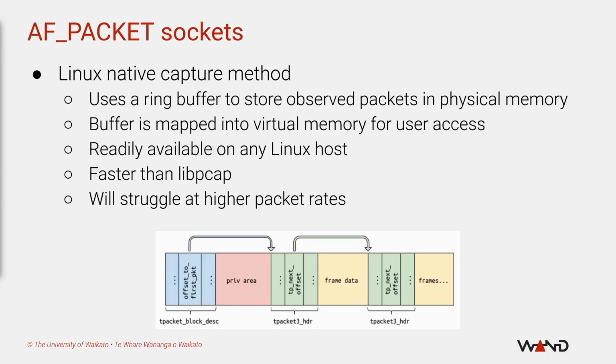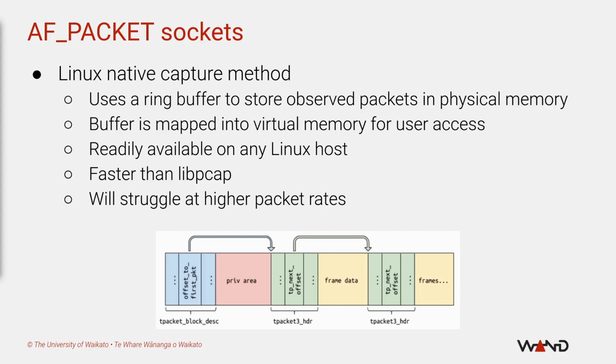The first technique I'm going to talk about is the AF packet socket, which is a capture method that has been in the Linux kernel for quite some time now. An AF packet socket is a raw socket that can gain access to any packet sent to or received by a given network interface.